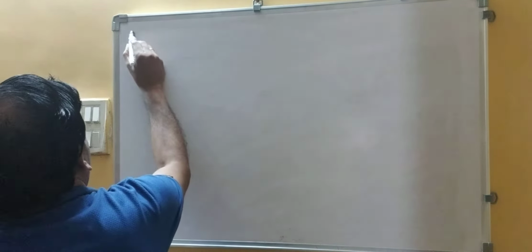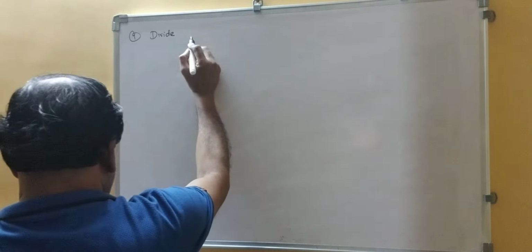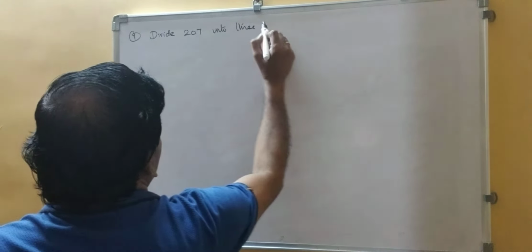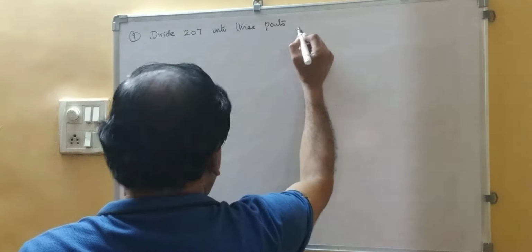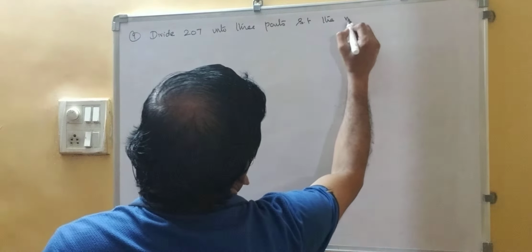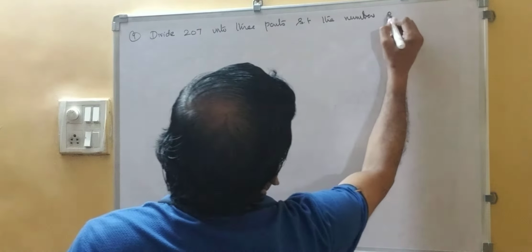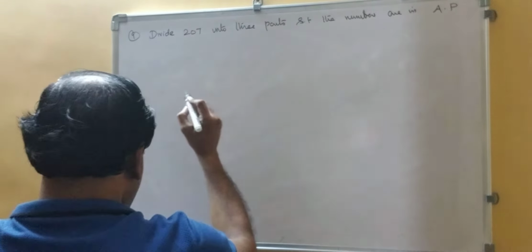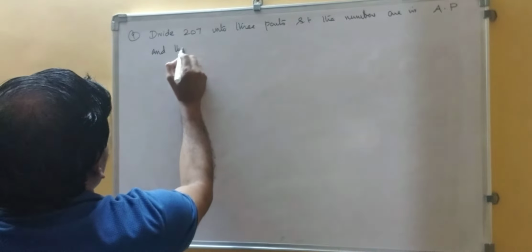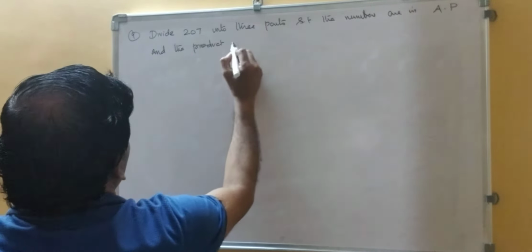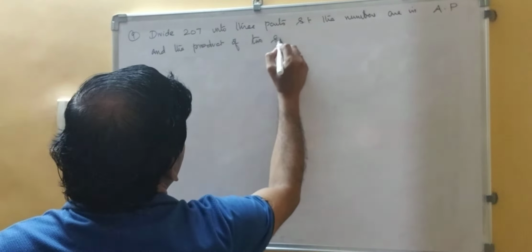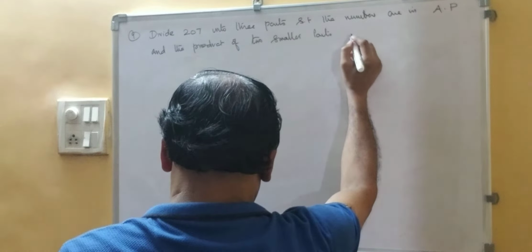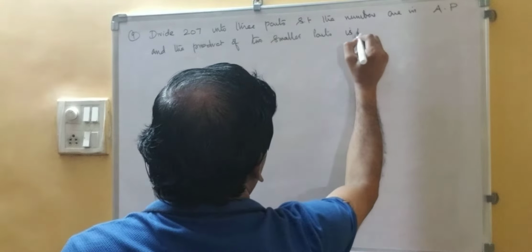Ninth sum, you see: divide 207 into 3 parts such that the numbers are in AP and the product of the two smaller parts is 4623.